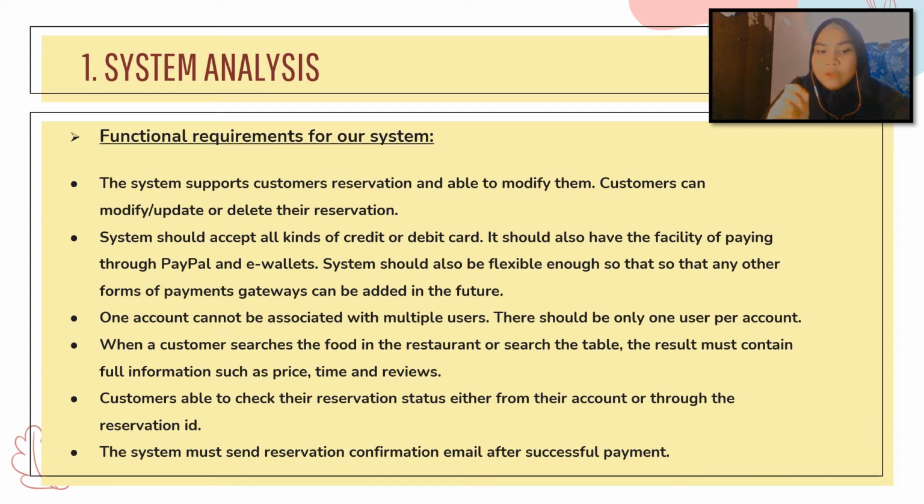Apart from that, customer able to check their reservation status either from their account or through reservation ID. At last, the system must send reservation confirmation email after successful payment.